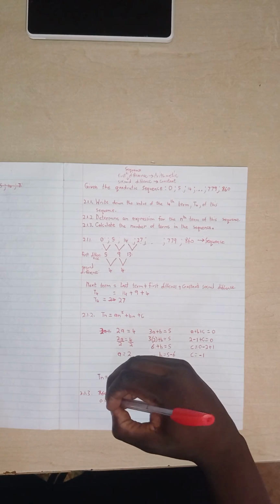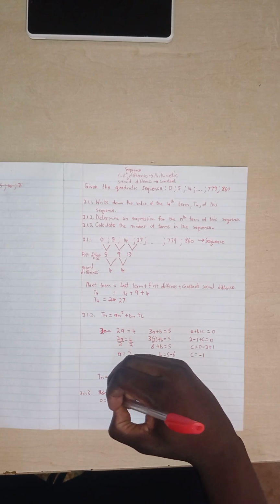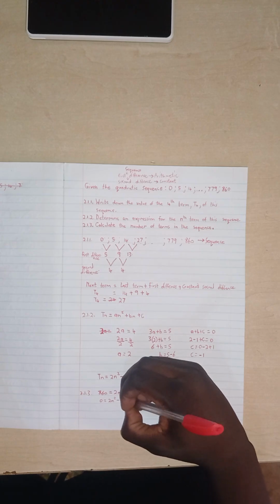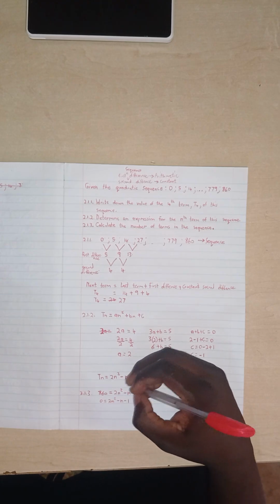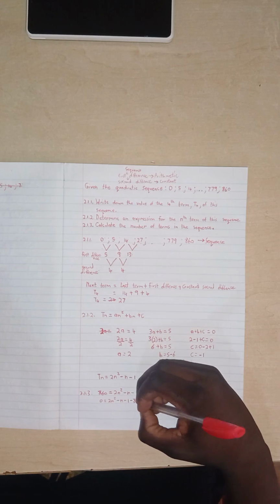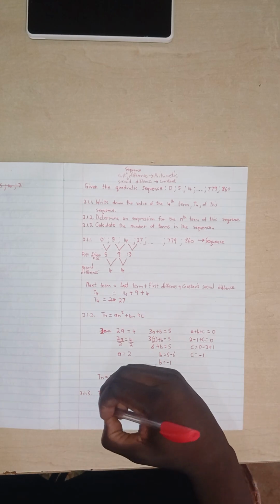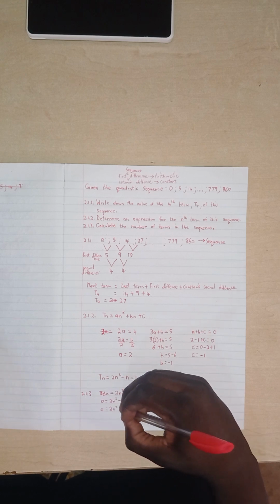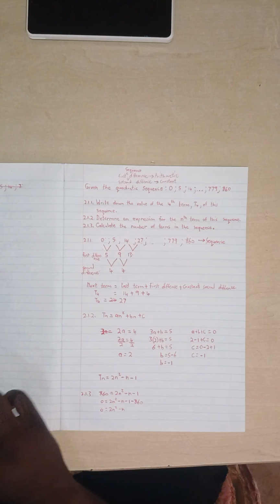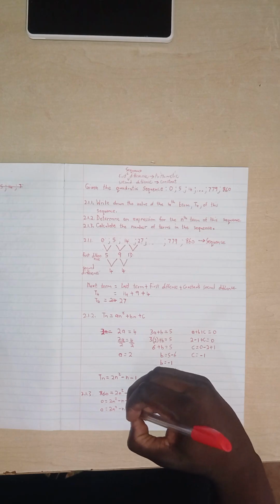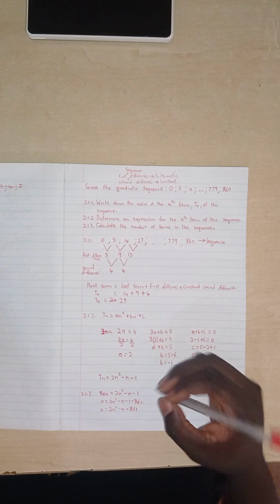We solve for n. Then how do we solve for n? Equate to 0: 2n to the power 2 minus n minus 1. We take the 860 to the other side, it becomes negative 860. Then 0 is equal to 2n squared minus n, then the negative 1 minus 860 becomes a negative 861, right?